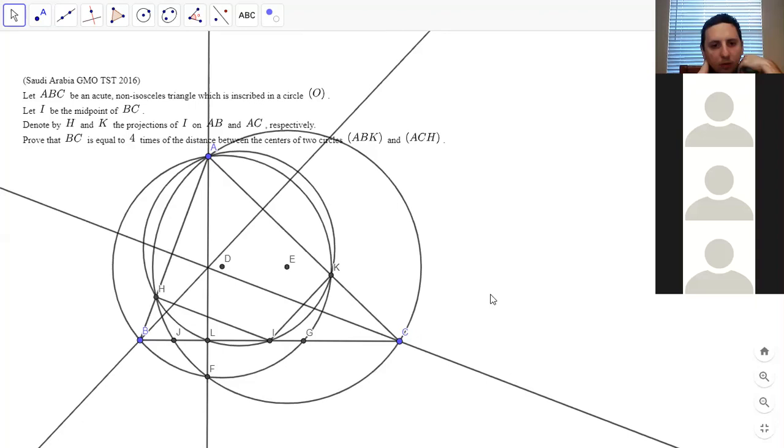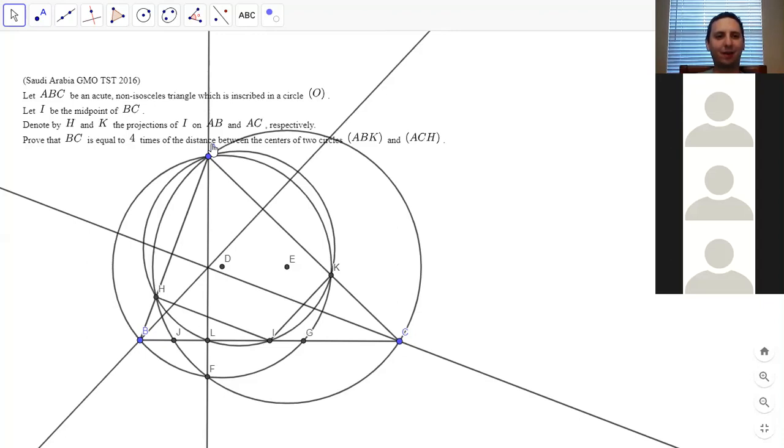Just from power of a point, CI times CL is equal to CK times CA, right? And CA times CK is equal to CB times CG. And CB is twice CI, so CL must be twice CG.